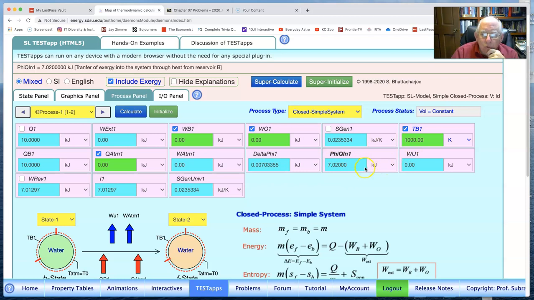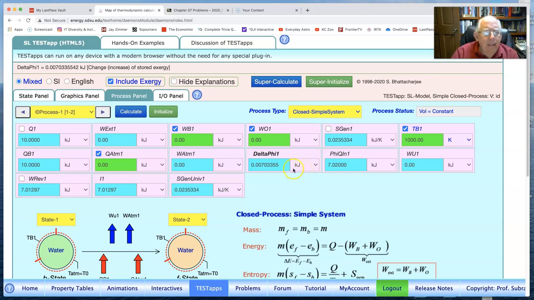And again, this would be in kilojoules per second, okay, kilowatts. And then this is the change in the stored exergy value. Again, this would be in kilojoules per second, kilowatts.